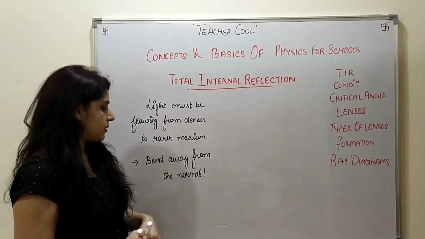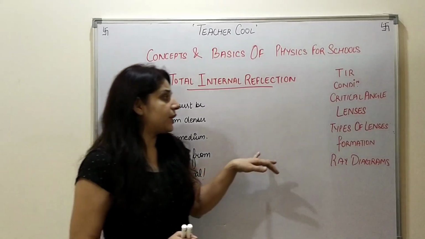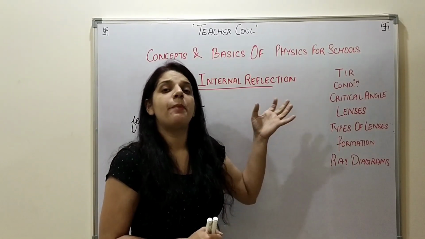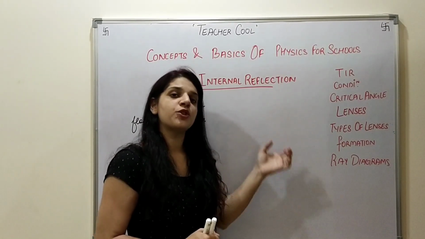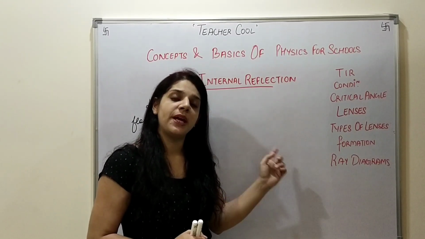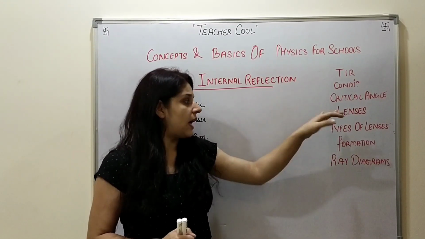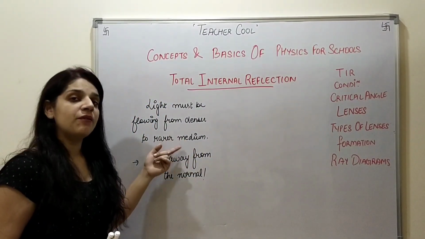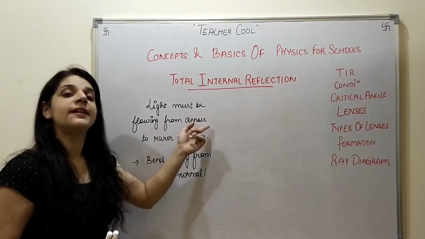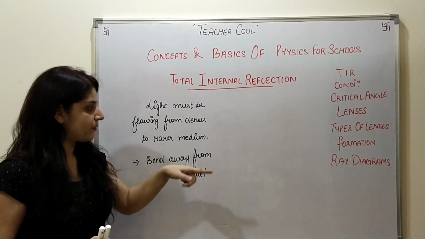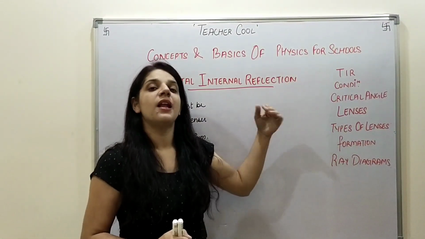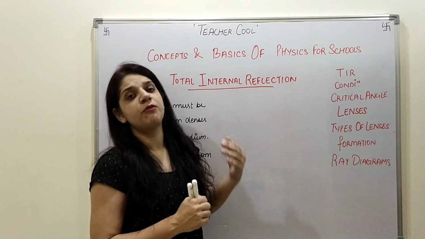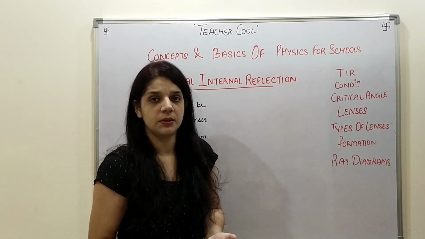Now what happens? Critical angle is some particular angle which the incident ray is making with the normal, and since it is related to TIR, we will say it is making with the normal on the denser medium side such that it is the largest angle possible for refraction to occur.